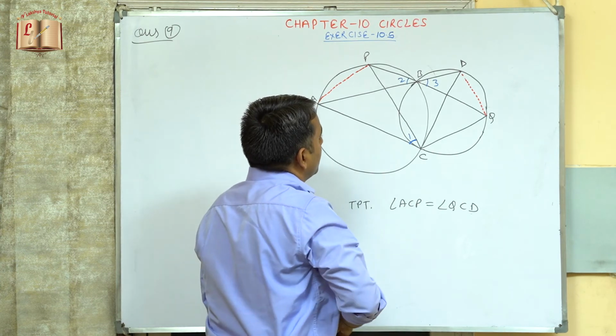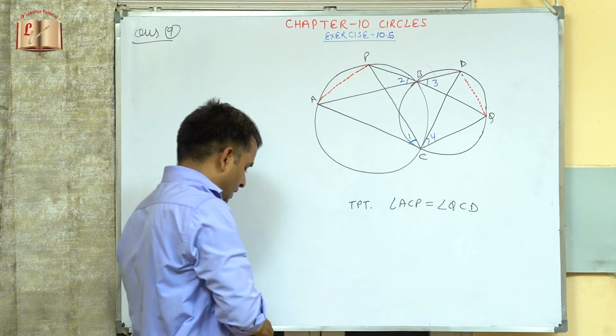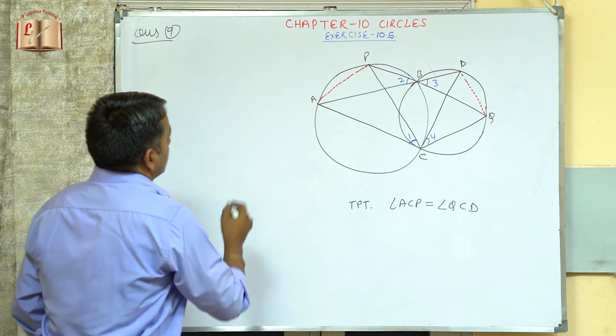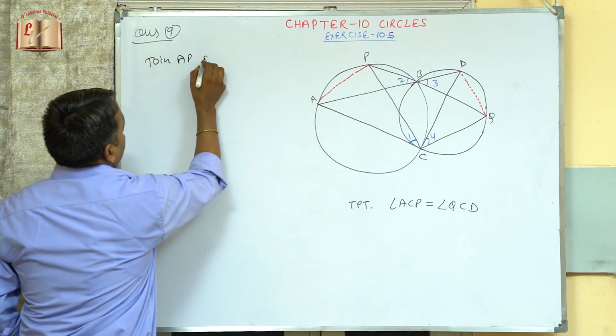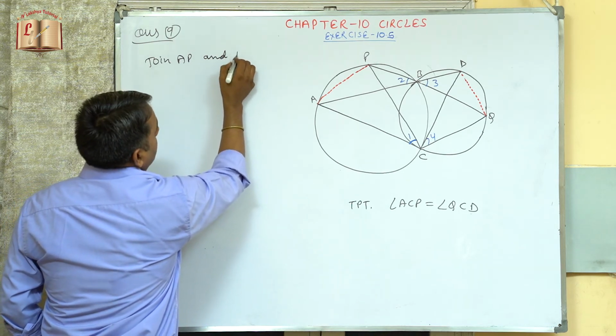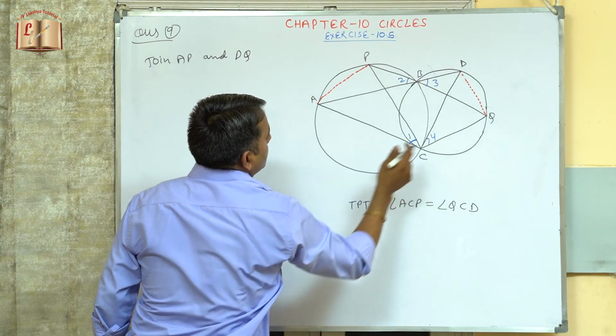So this will be now angle 4. So this is angle 4 now. So we will write join AP and DQ. We have joined this AP and this DQ.